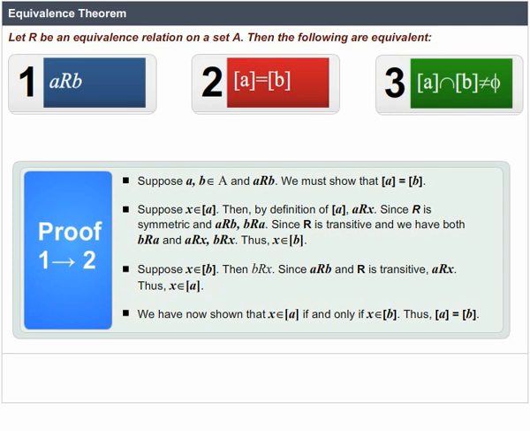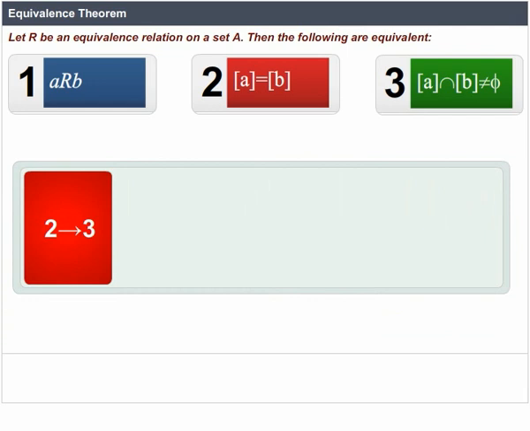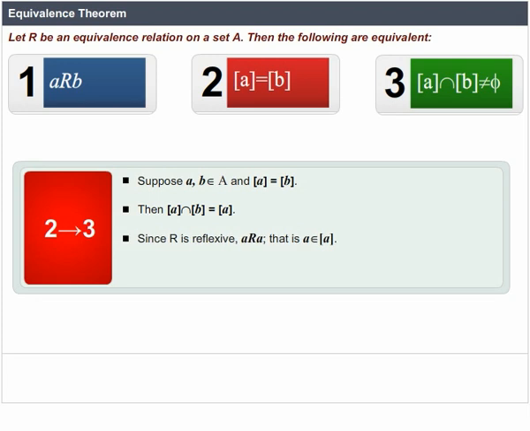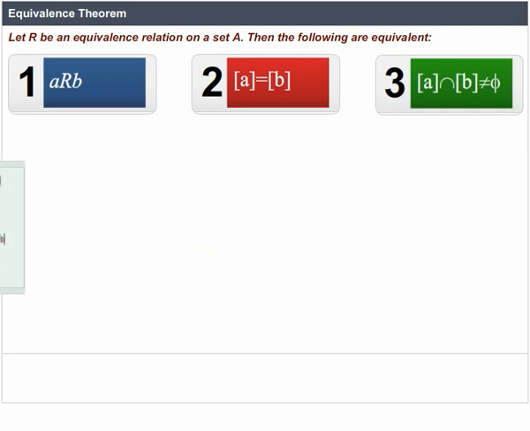Now 2 to 3. Suppose A, B belongs to A and A equals B, then A intersection B equals A. Since R is reflexive, A is related to A, that is, A belongs to A. Thus, A equals A intersection B, which is not empty. Now 3 to 1.